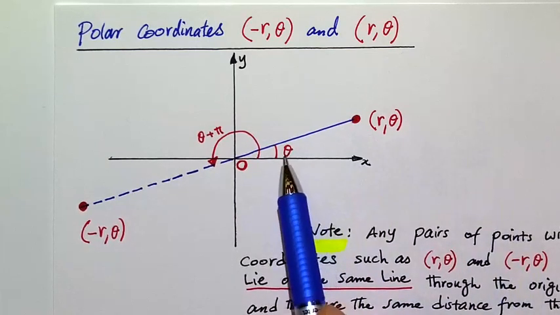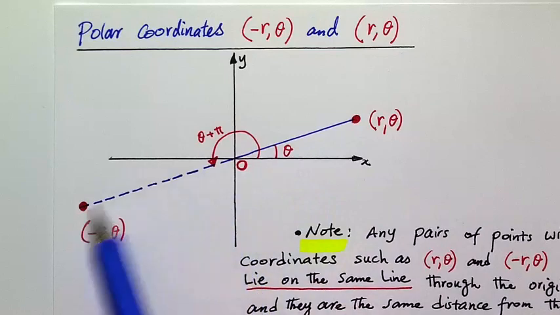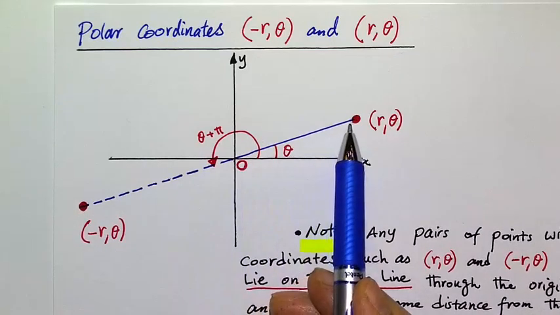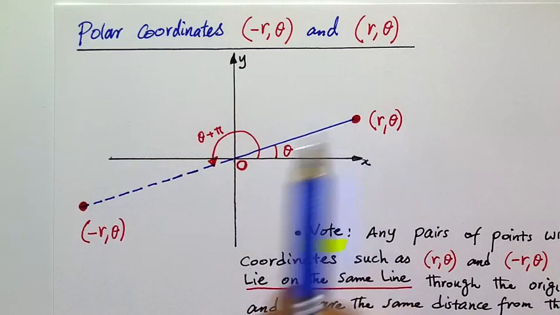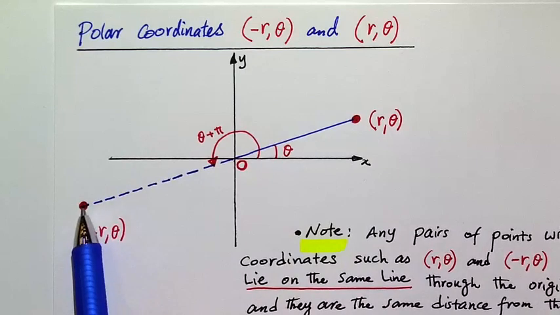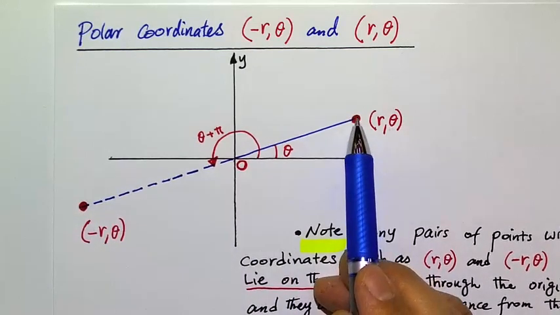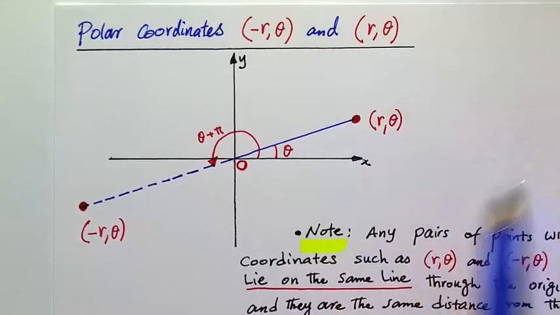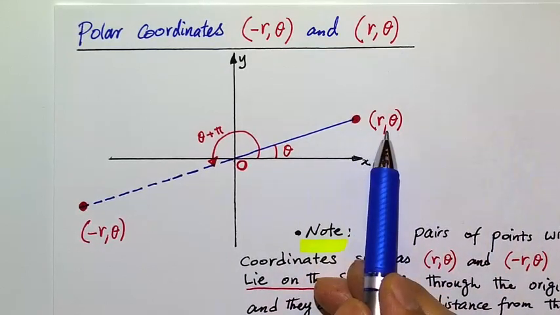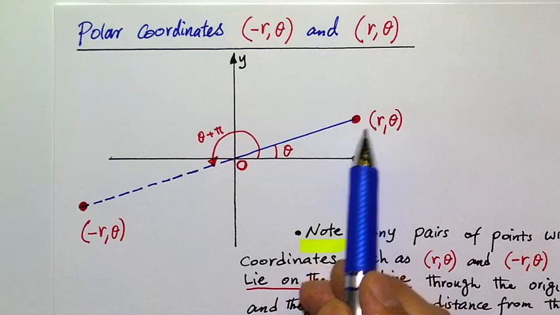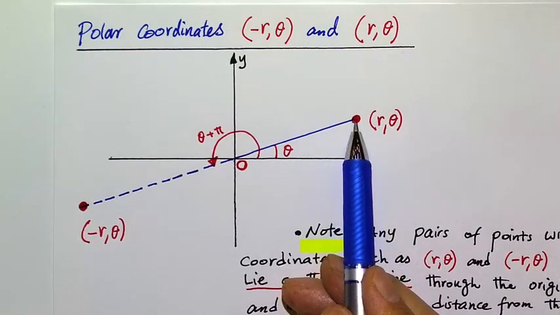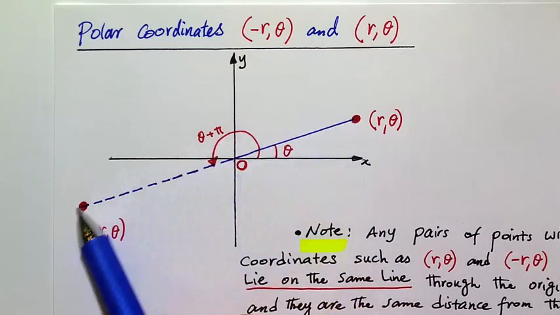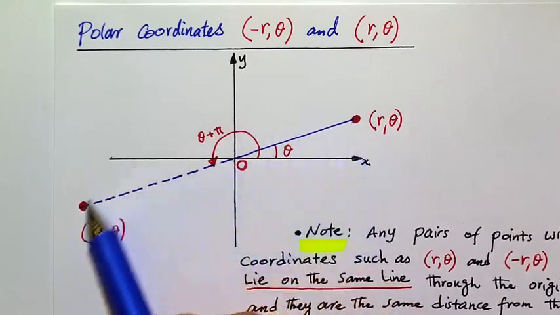The interpretation in the polar coordinate system is that that point is exactly on the same line on the opposite side of the original point. So minus r comma theta would be here, whereas r comma theta was on that side. This is always the case. If you take a polar coordinate and make the r value negative, then you've moved that point to the opposite side, on the same line.